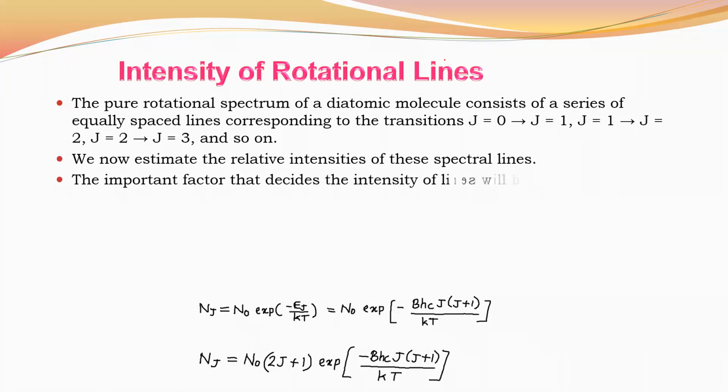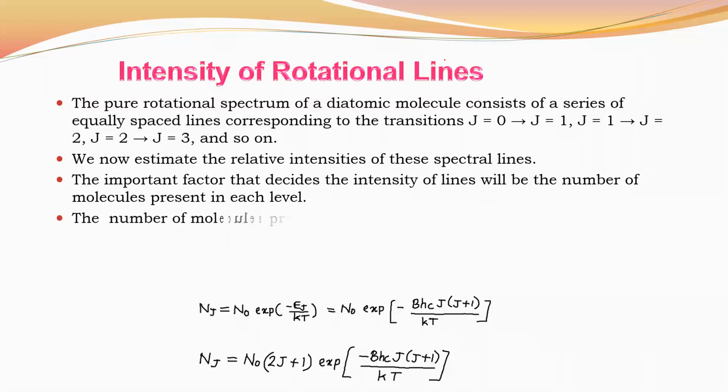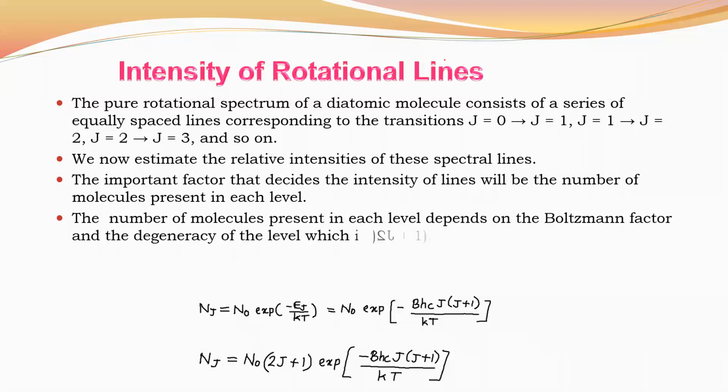The important factor that decides the intensity of the lines is the number of molecules present in each level, and the number of molecules present in each level depends on the Boltzmann factor and the degeneracy of the level, which is 2J plus 1.